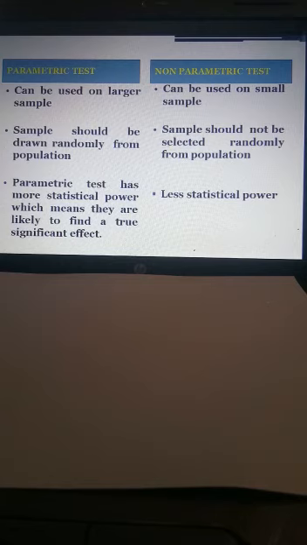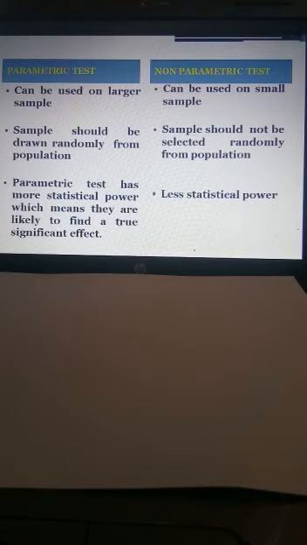It has more statistical power to find out the true significant effect, meaning if variables have a good association, a good relationship, it is more effectively shown by the parametric test, but the non-parametric test has less statistical power as compared to the parametric test.